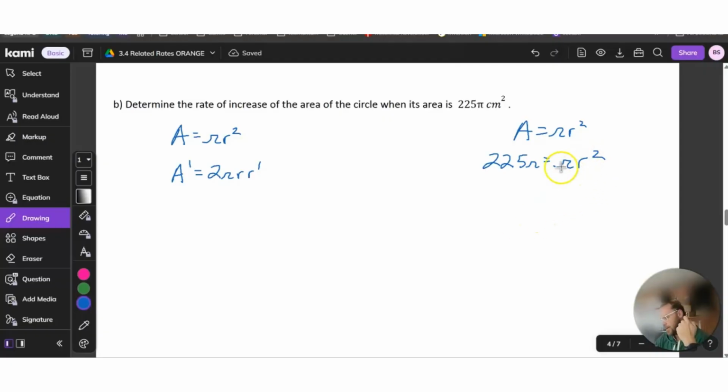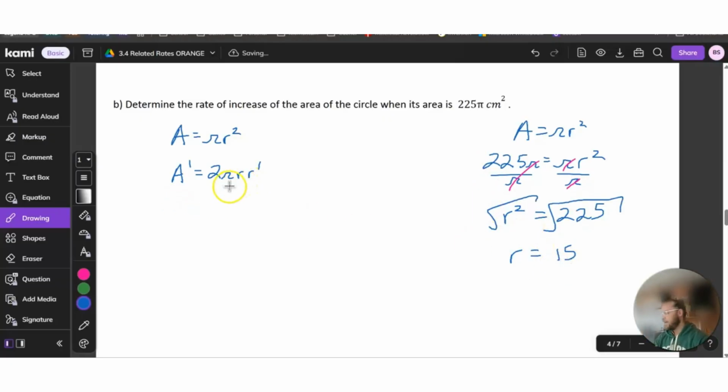First step, what do I do? What do I divide out? Pi. We like doing that because it just went away. All right, and how do I get rid of the r squared? Square root. What's the square root of 225? 15. All right, so now I can plug all that in. So a prime is 2 pi, radius is 15, r prime was 25.